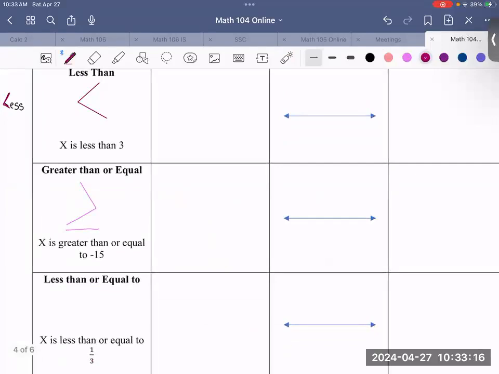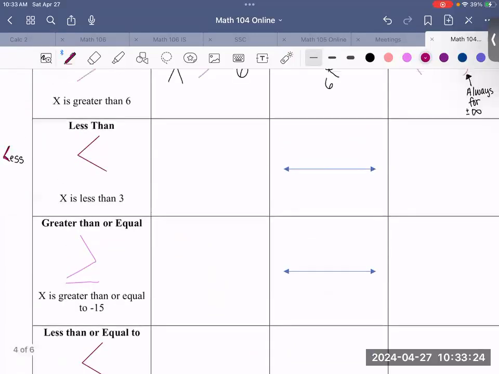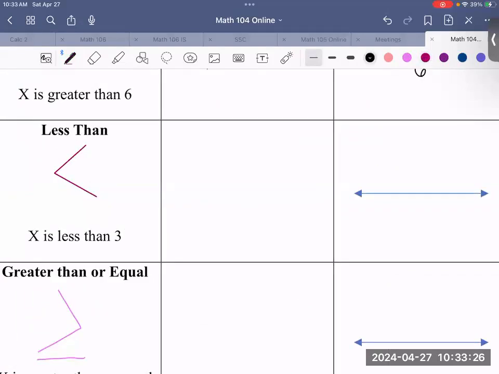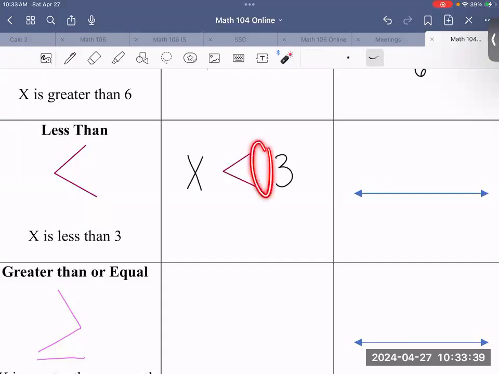The only difference is that less than or equal to, you are now just putting a bar underneath to signify that equal sign. So if we're looking at x is less than 3, we're going from the value of x to 3, and it's x is less than 3, so 3 is more than x, so 3 gets the bigger portion of the symbol, and x gets the smaller portion.